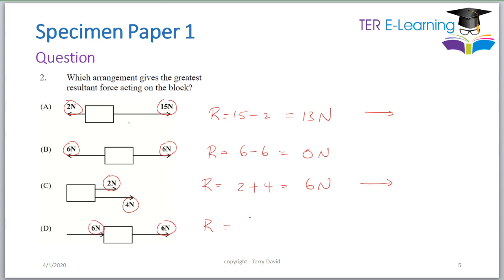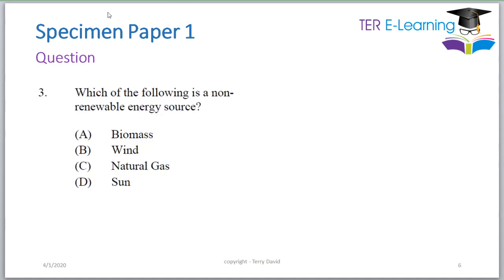Because they are acting in the same direction, it's 6 plus 6, which is equal to 12 Newtons, also acting towards the right hand side. The question is asking which one gives us the largest resultant force. Obviously, the first one gives us the largest resultant force, which is 13. So my answer for part A is 13. Let's go on to the next one.